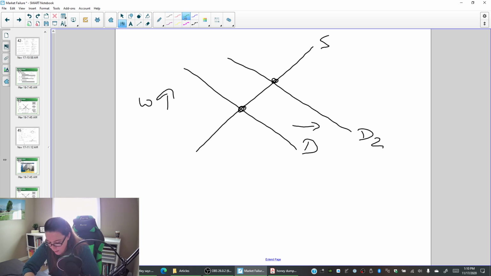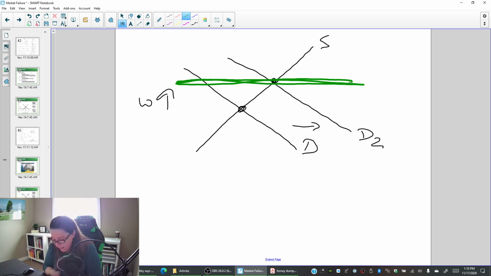So here, if you set your price floor here, and you can get demand to increase because you can get businesses to grow and hire more workers, then you're no longer dealing with being in that surplus of workers that we see here. Instead, you're back at equilibrium.